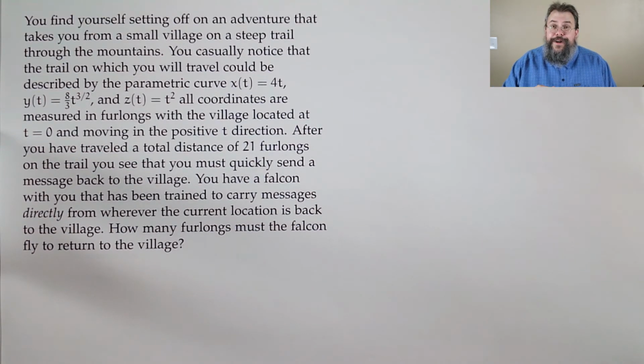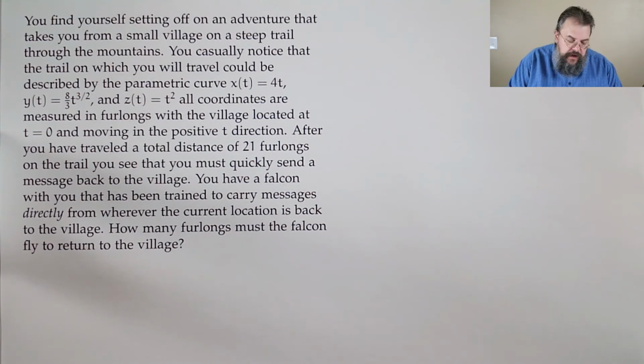I like how we do it all casually. Wow, this must be after we've gotten really comfortable with doing calculus. But okay, all coordinates are measured in furlongs. That's an old-timey measurement of distance. And the village is located at time 0 and moving in the positive t direction. Okay, so what should we be thinking of here?